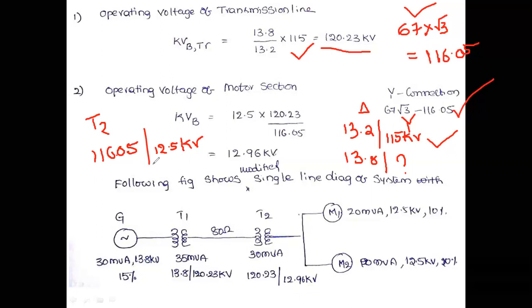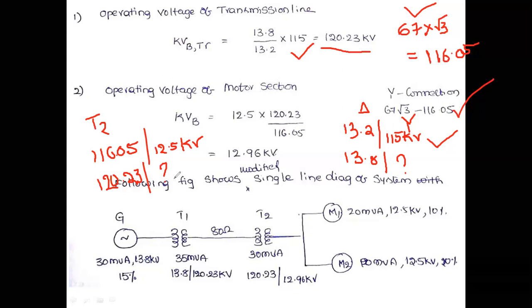From the first transformer, the secondary voltage, or the operating voltage of the transmission line, is 120.23 kV. For the second transformer, 116.05, 12.5 kV is the voltage rating. Now if you consider 120.23 as the primary voltage of the transformer, what is the secondary voltage? That is also very important.